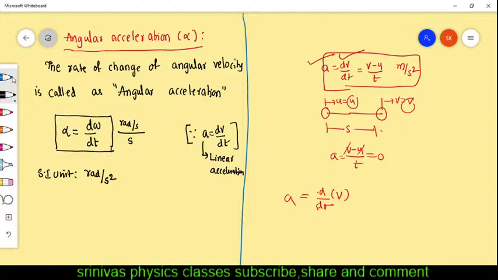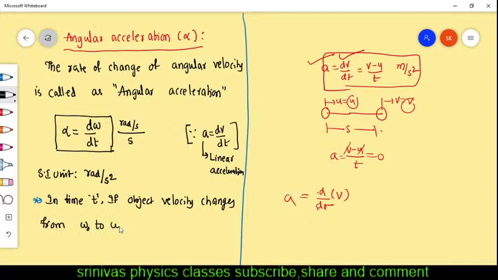Next, we write here, for example, when the object's angular velocity changes from omega naught to omega in time t, then how do we write angular acceleration?